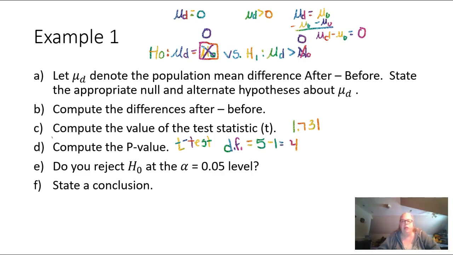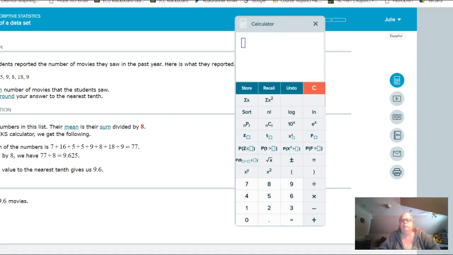All right, now we can pull up ALEKS, and I said I'm running a t-test. That's going to be this one right here. It's asking me for my test statistic that I just now found. That was the 1.731. So we'll put that in here. And then the degrees of freedom, we just found that to be 4.